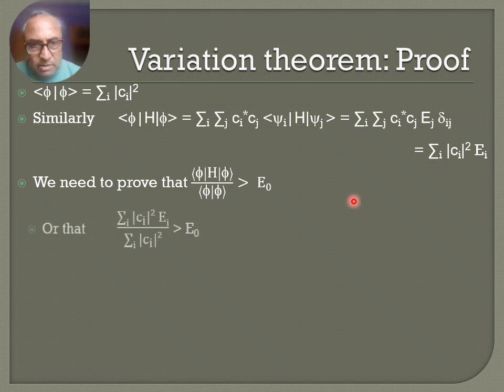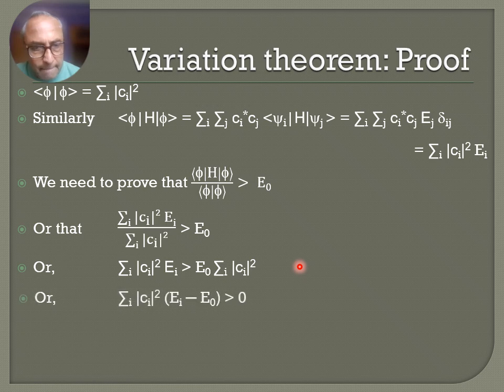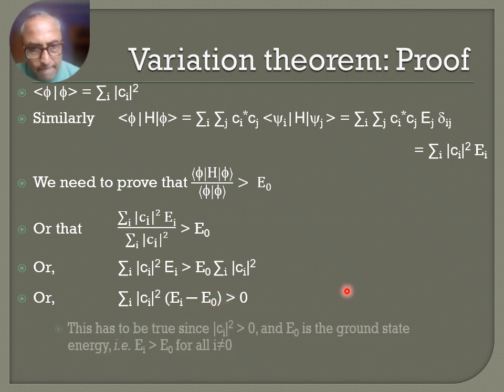Therefore, in other words, we need to show that sigma i modulus of ci squared Ei divided by sigma i modulus of ci squared is greater than E0, or in other words, that sigma i modulus of ci squared Ei is greater than E0 times sigma i modulus of ci squared, or in other words, sigma i modulus of ci squared times Ei minus E0 is greater than 0.